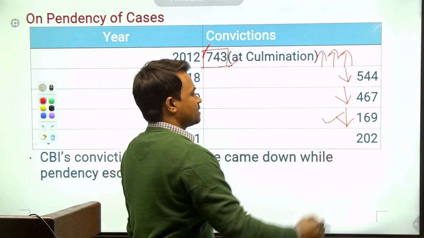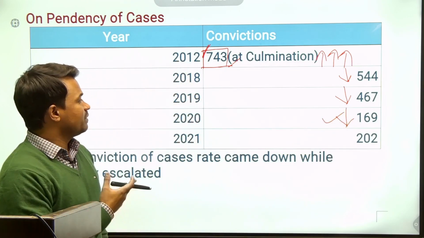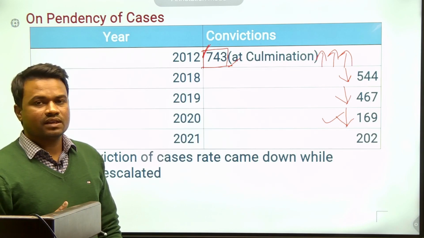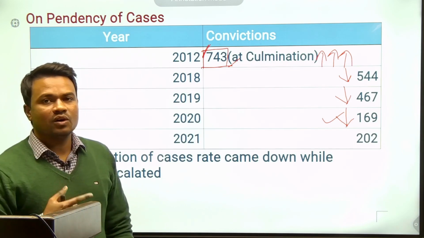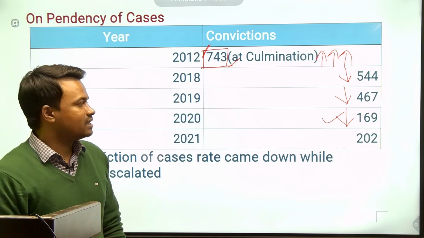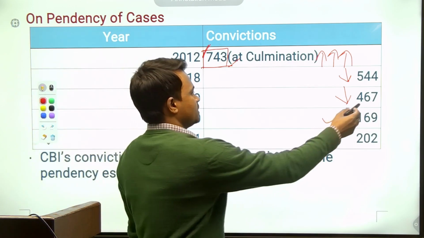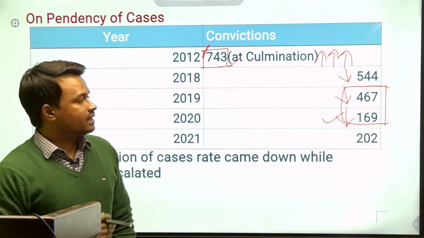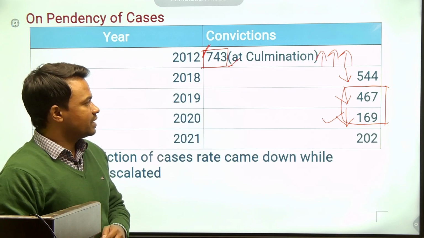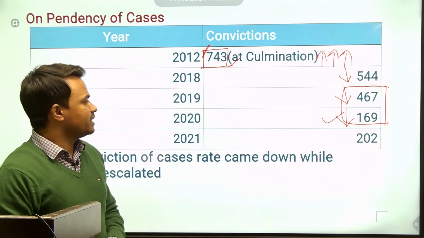That is 169. Probably COVID was the crisis that hampered all activities, obviously including CBI, due to the health issues that the world faced, including India.